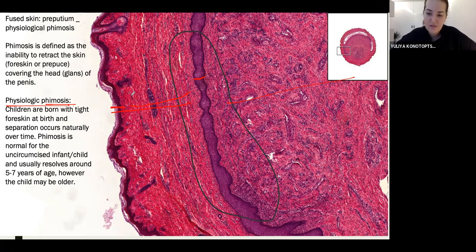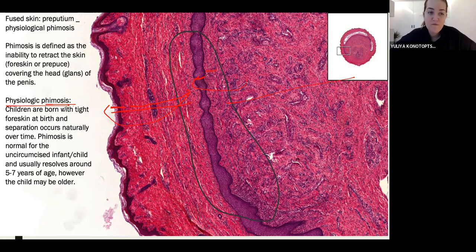And you can see that this prepuce is attached to the epidermis of the glans of the penis. So for some reason, they really want you to know this, okay? So basically the layers here are epidermis, dermis of the prepuce. And here we have the epidermis and then dermis of the glans, because it also has a bit of skin on top of it, right?